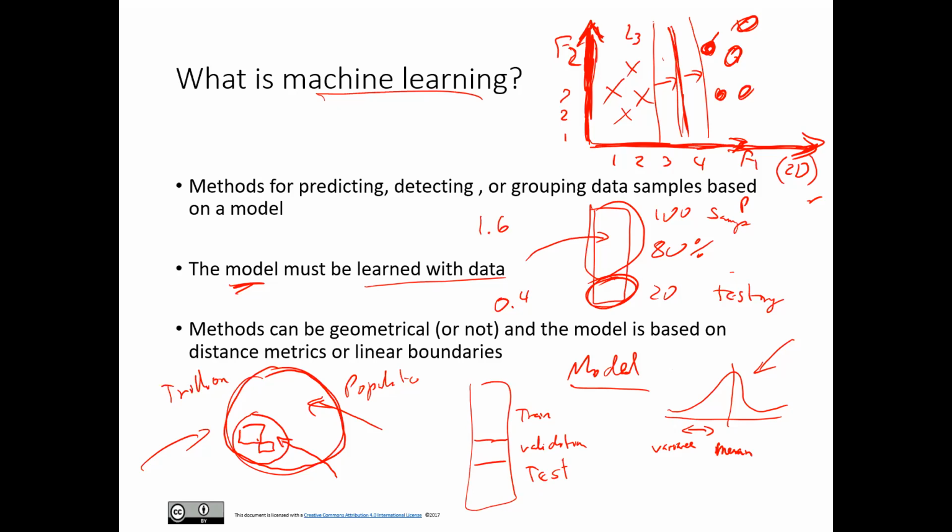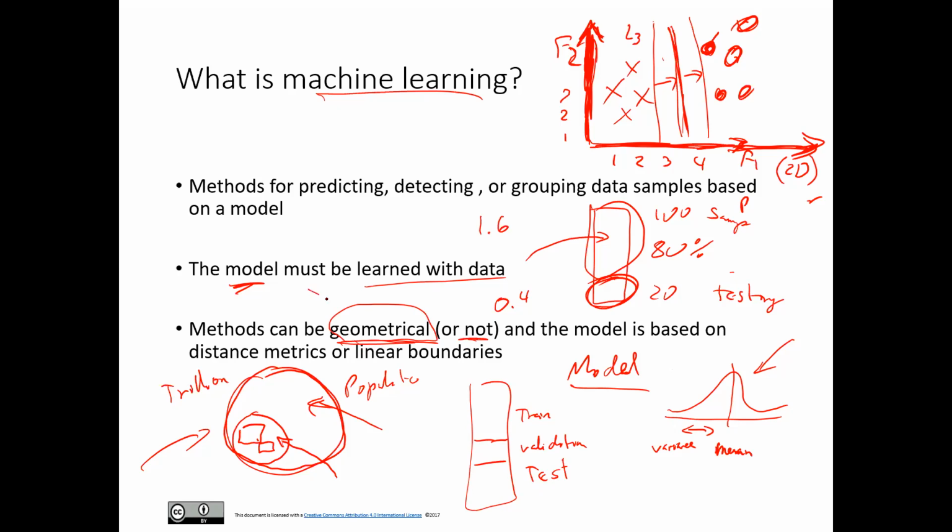Methods can be geometrical, which is pretty much what I've been discussing, or they could be probabilistic. We'll see those. That's why I will cover naive Bayes a little bit. It's a little less intuitive geometrically than most of the geometrical ones.